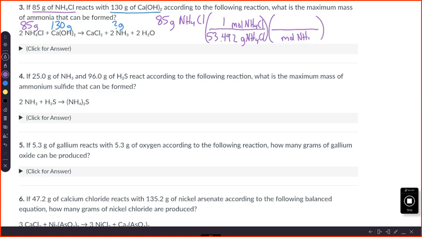Mole of NH4Cl to the bottom. Moles of what I'm going towards, which is the NH3 on top. And the coefficients show me it's a 2-to-2 ratio, so that's a 1-to-1 ratio.